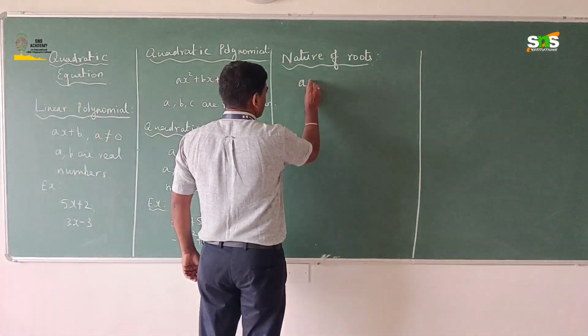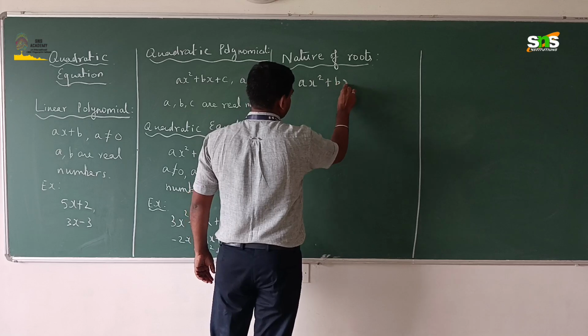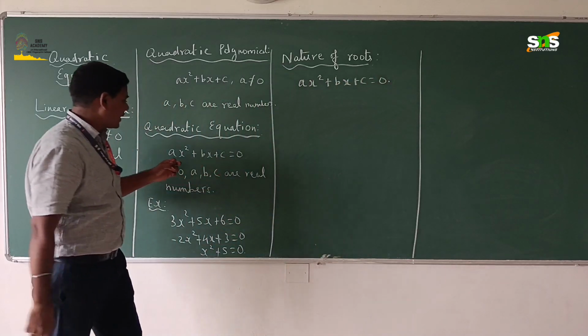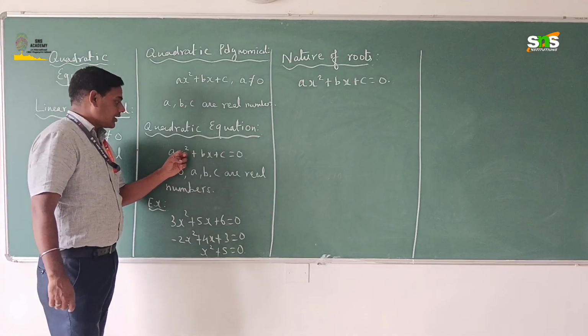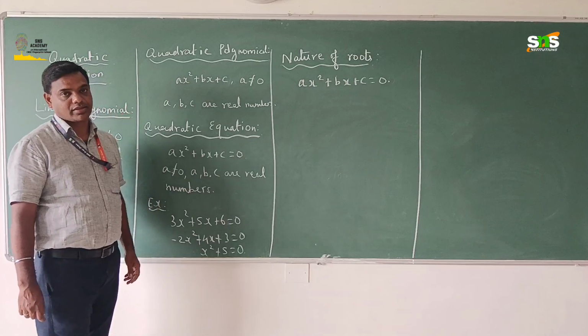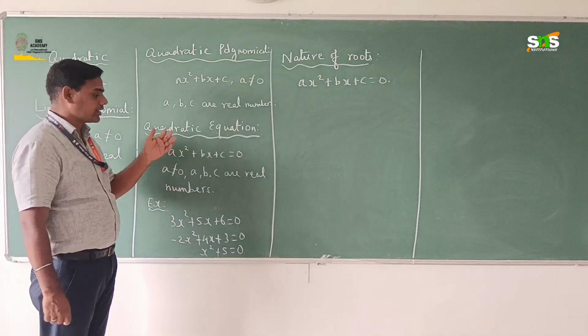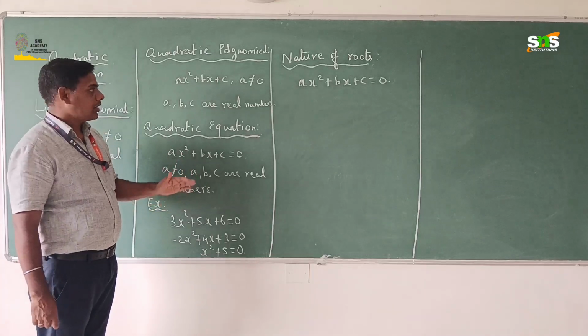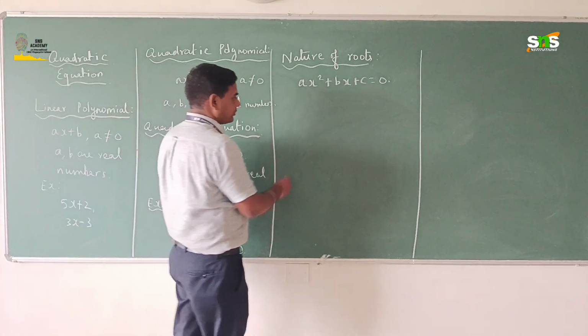When you take the quadratic equation ax square plus bx plus c equal to 0, the power is 2. That means we will get two solutions for x. We can call them solutions, roots or zeros. So this is the nature of roots.